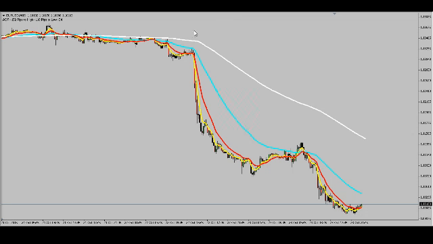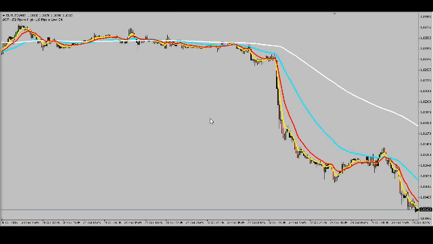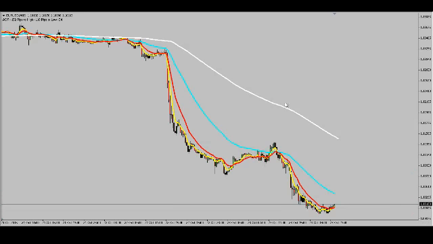As you see, price broke out extremely far from the Mayo, which means it's in a strong down cycle. Here, price drops close to the yellow, and the red is in between the yellow and the aqua.